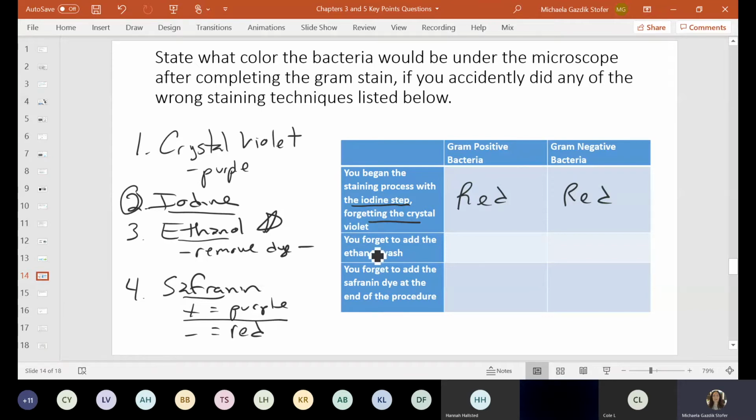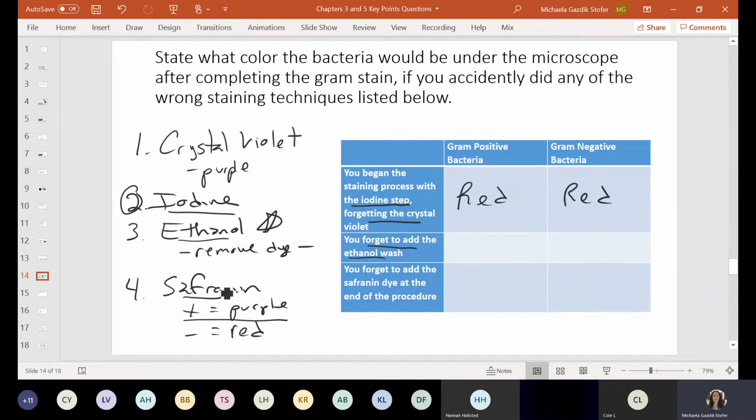All right, so now let's look at this one. The next one says we forgot to add the ethanol wash. So this time we would have stained everything purple. We would have gotten that dye to stick with the iodine, but then we would have never removed the dye from the gram-negative cells because we would have skipped over the ethanol step and gone right to safranin.